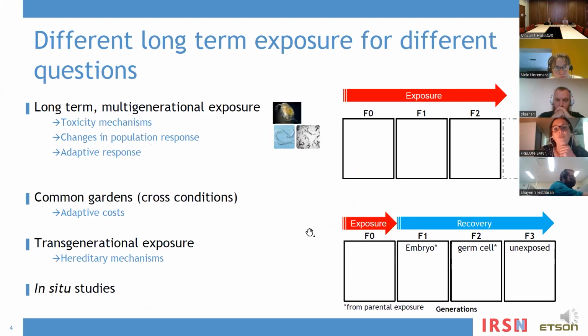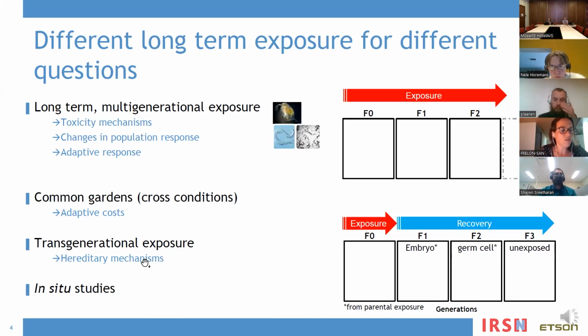Among long-term exposures, different designs can be used to answer different questions, as we talked about this morning and a few hours ago. Long-term multi-generational exposure can be used to assess toxicity mechanisms, changes in population response, and also adaptive response. It can be followed by common garden experiments to assess adaptive costs.